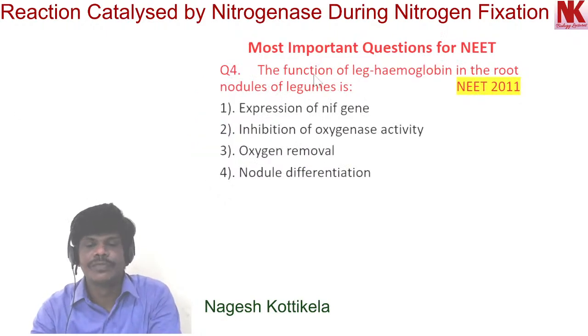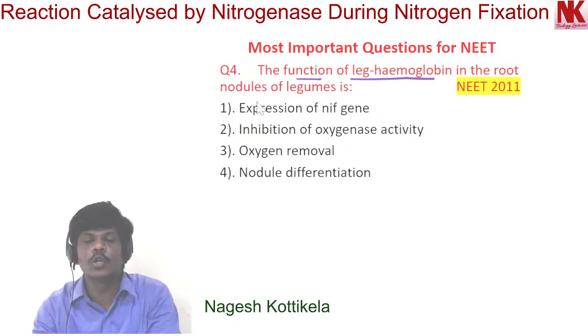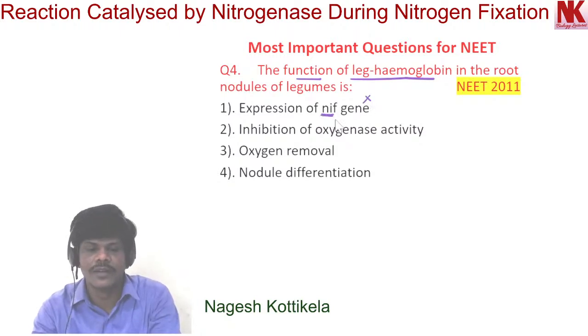Question 4. The function of leg hemoglobin in the root nodule of legumes is. Option 1, expression of NIF gene. This is wrong. What is NIF gene? It's very simple.